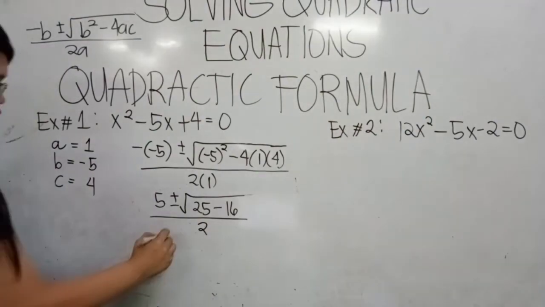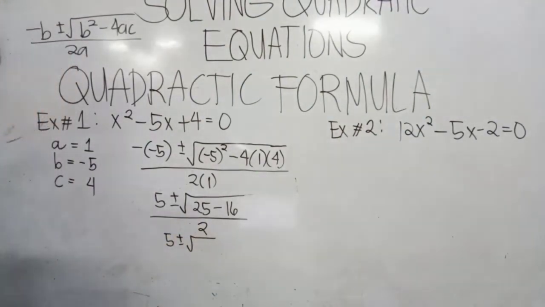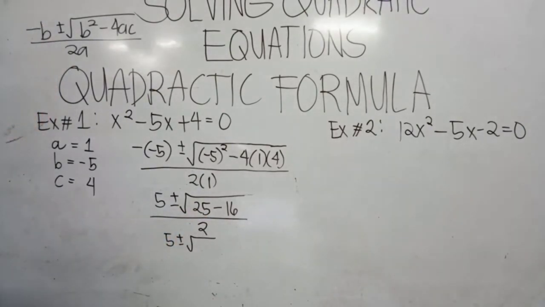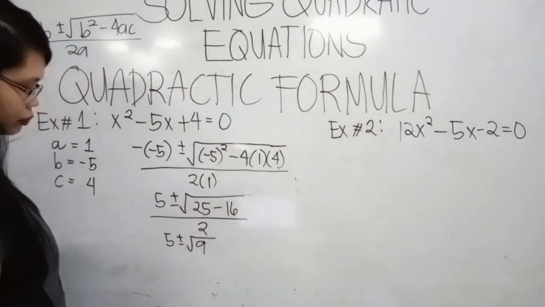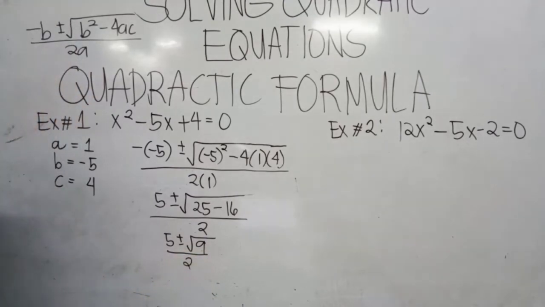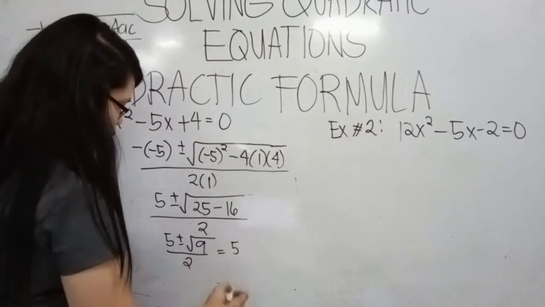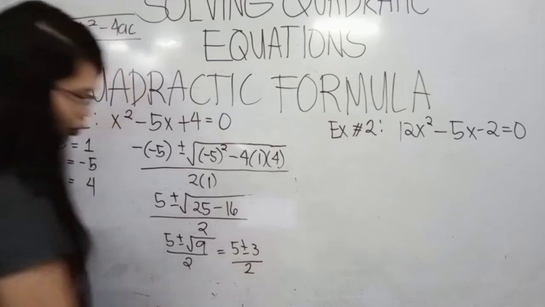So we have 5 plus or minus the square root of 25 minus 16, which is 9, all over 2. So what is the square root of 9? We have 5 plus or minus 3, all over 2.